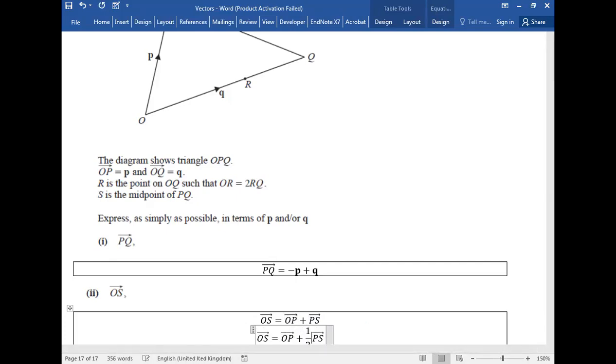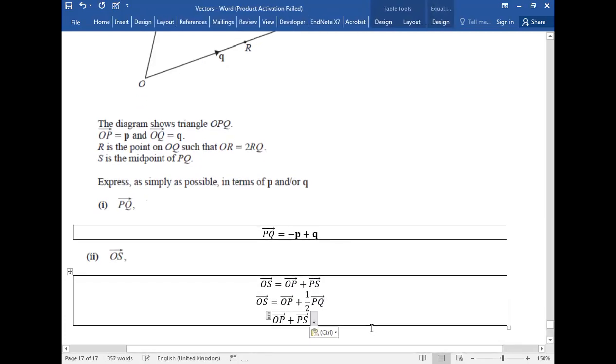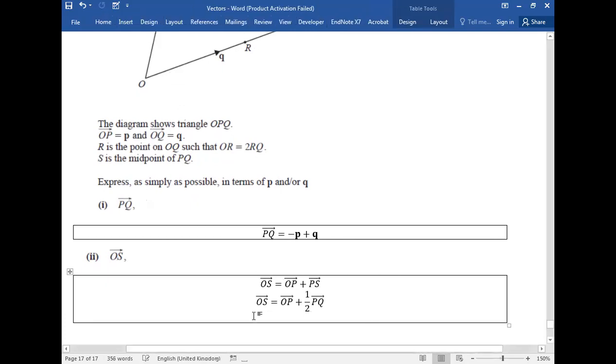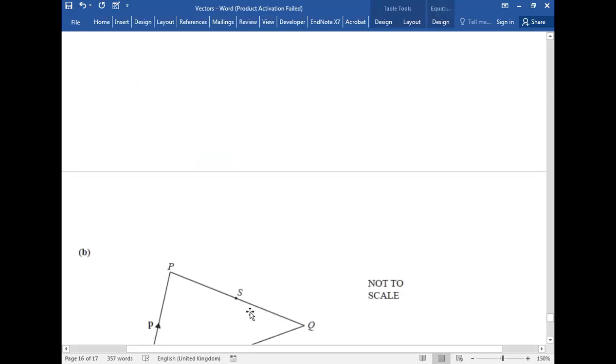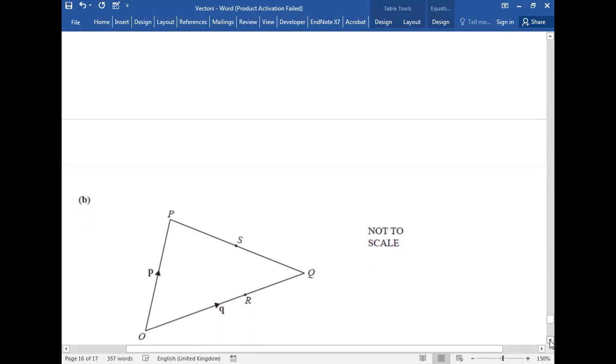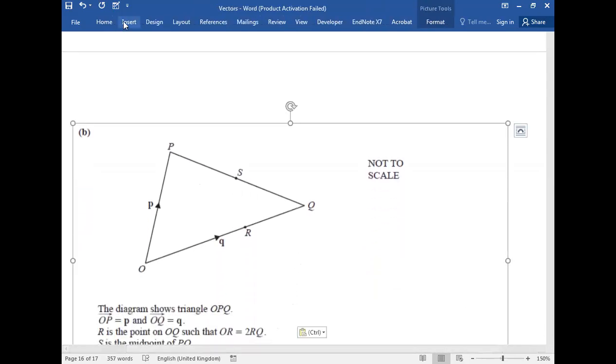Very good. It is half of. Be very careful with the direction. Is it half of PQ? Arrows और direction के साथ बताओ. PS is half of PQ. I'll show you.